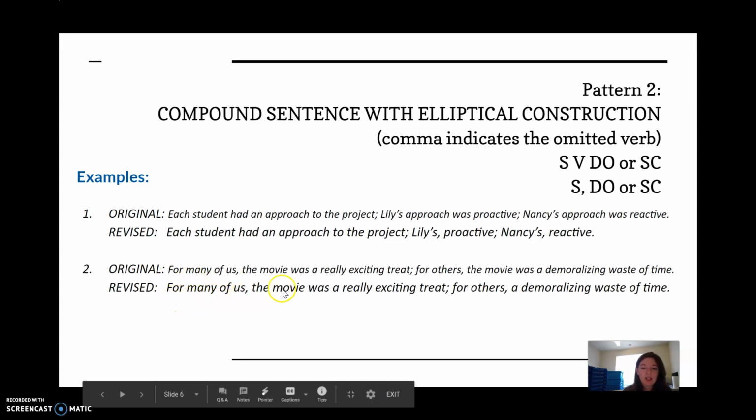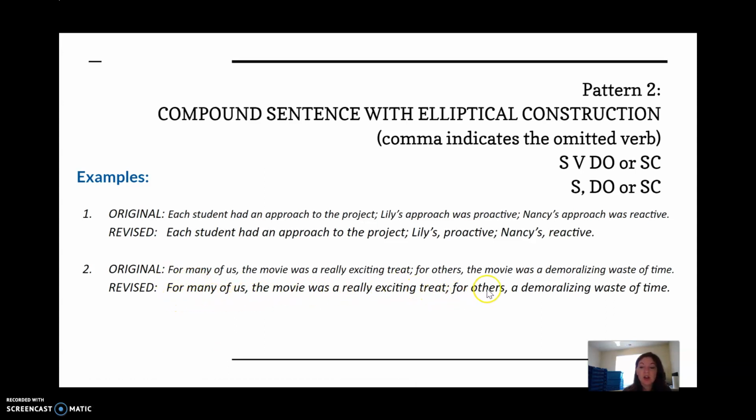So: for many of us, the movie was a really exciting treat; for others, a demoralizing waste of time. So this comma replaces the "was a" and just implies it so that it doesn't feel as wordy. And so this is a really great use of a semicolon and then using a comma to indicate a replacement of wordiness.